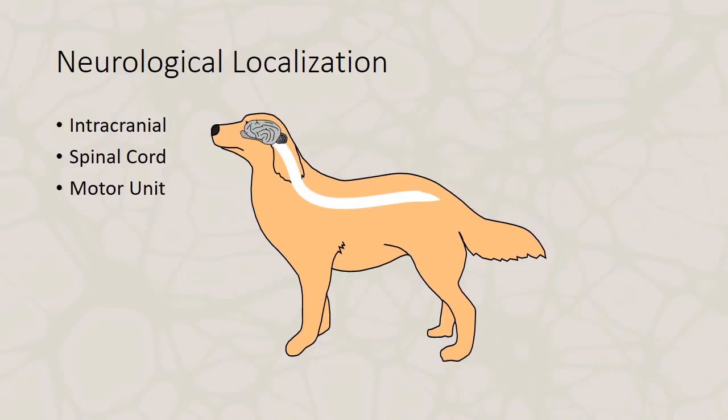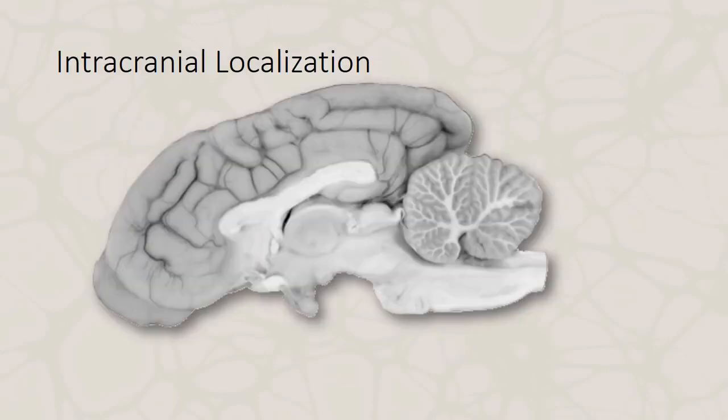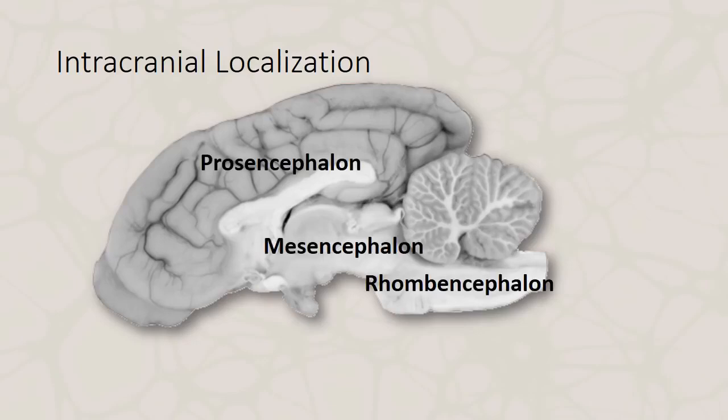When we're going through the neurologic examination, we'll start broad. And so the first step that I want you to think about is, could it be intracranial? Could it be something with the spinal cord? Or could it be neuromuscular? Now, when we're thinking about intracranial localization, I'm not so worried that you know all these names, prosencephalon, mesencephalon, and so forth.